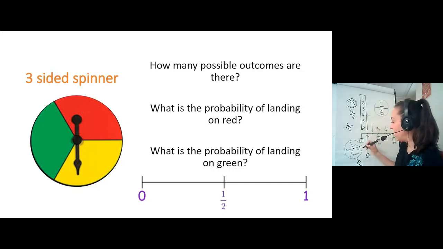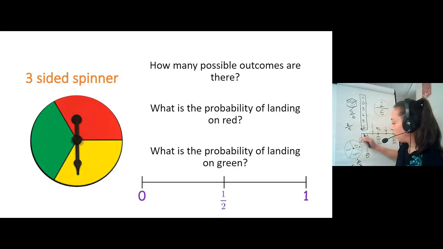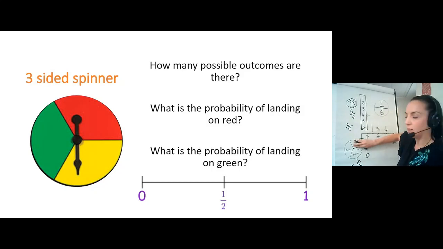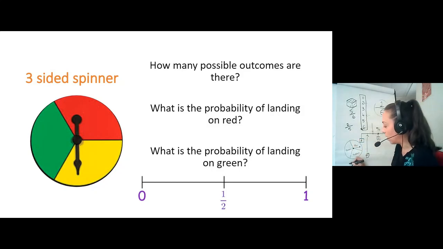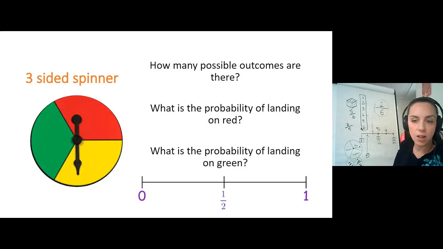So not a red. So take the red away. The other options is still out of 3 options altogether. The probability of not landing on a red is 2 out of 3, and that's what's left. So that's your red, that's the green or yellow, or what's left. I'm not landing on the red. So how can we express that on a scale?